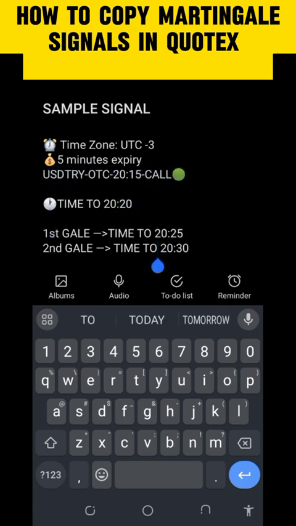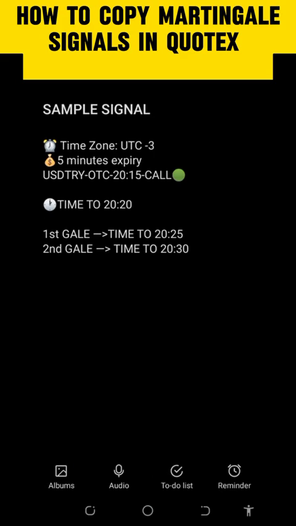And as the girl one trade is running, if you are still losing, you have to get prepared to click up again at exactly 2025, which will now make the girl 2 trade run from 2025 to 2030. So this is why it is 5 minutes. So at 2020 now, I'm going to click on the first girl, whether I'm losing it or not. I just want to make you understand how it works.